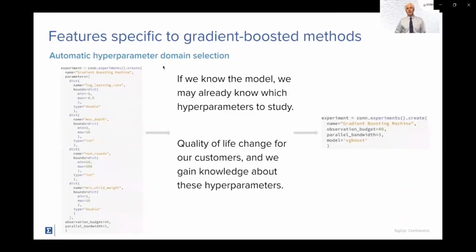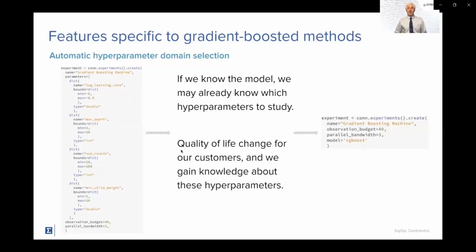In particular, recognizing that at present, customers have to run this code in order to be able to tune their, let's say, XGBoost hyperparameters. In some ways, this isn't a problem, but it does require customers to make decisions as to what the bounds of the domain should be, as well as which parameters to study over the course of their SigOpt experience.